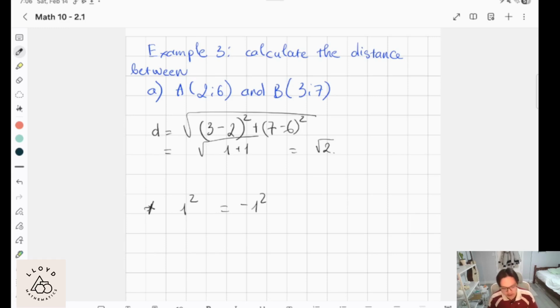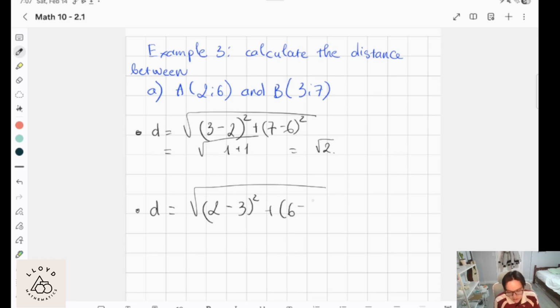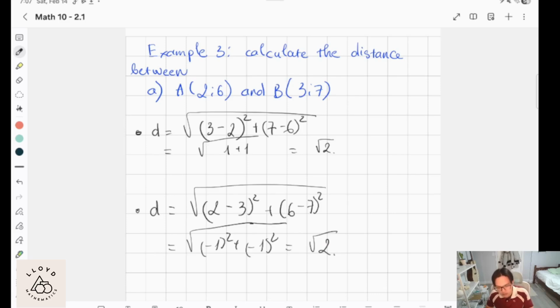It's not going to change. In the first solution I used B as the second point, but now I would use A as the second point, which is the square root of (2 minus 3) squared plus (6 minus 7) squared. This gives us the same answer: (minus 1) squared plus (minus 1) squared, which is also the square root of 2.